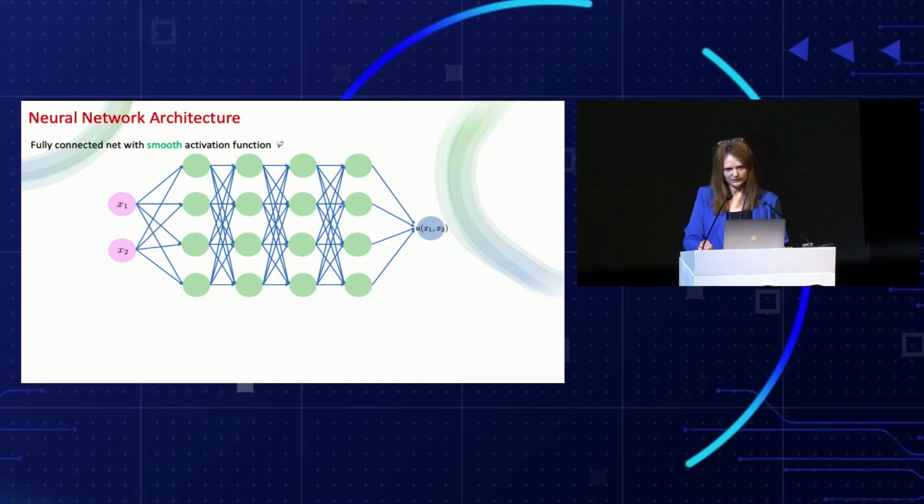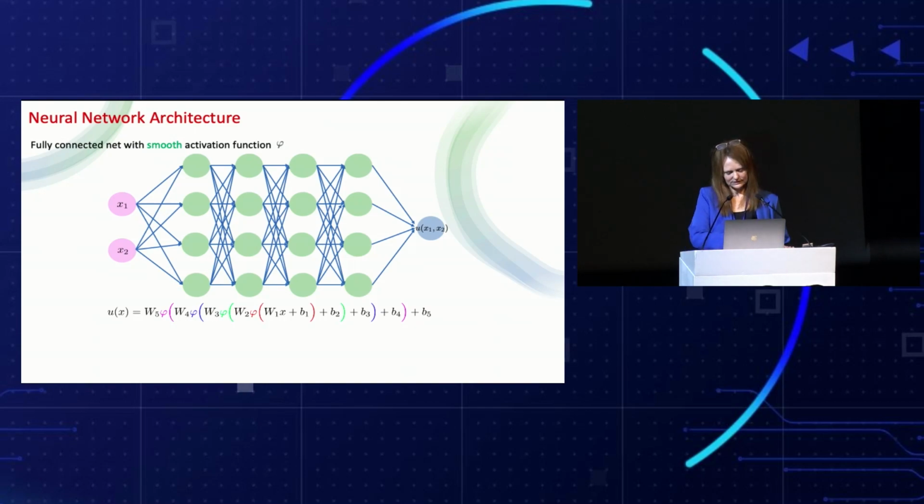The input to the network is the coordinates x1, x2, and so forth, and the output is the solution U. This is the eigenfunction. And the question is how we train this network in an unsupervised fashion, such that it solves the eigenfunction problem.